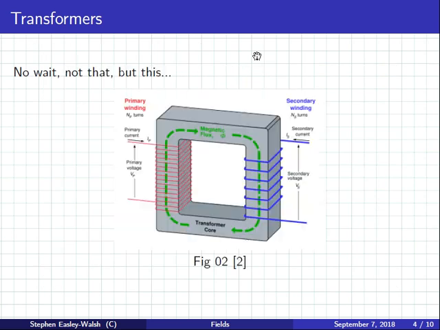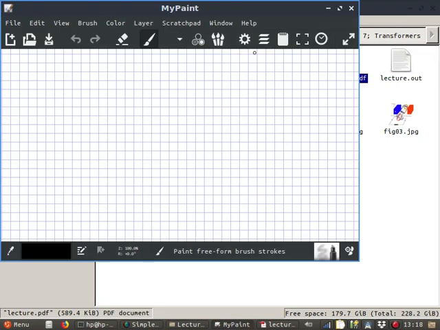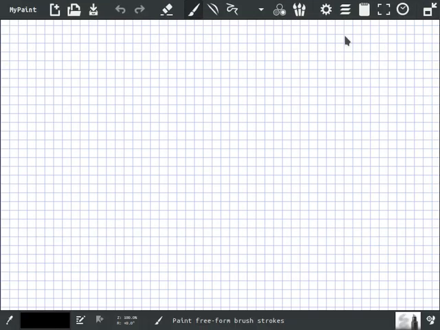This is what transformers look like in physics. Yeah, they're not as exciting. This is a transformer. So I'll explain it here with a picture. We'll draw the picture first. So for a transformer, what you need, a couple of things.